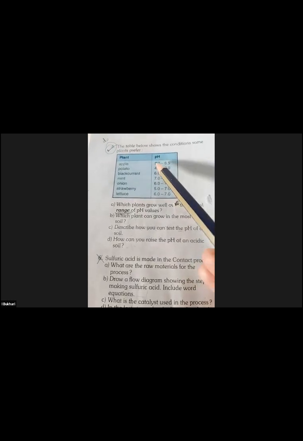Range means the figures which are farther apart from each other on the scale. So basically, an easier way of doing this is you subtract the smaller number from the bigger number and write down your answers here. 6.5 minus 5 is 1.5.